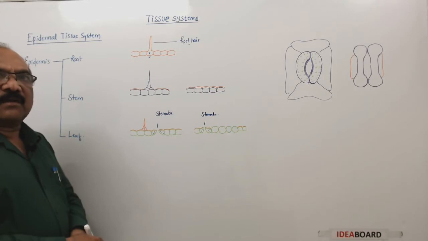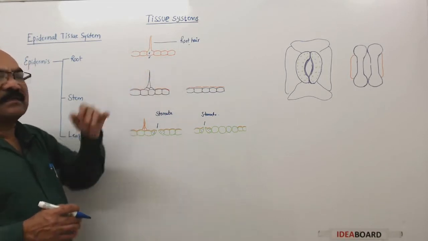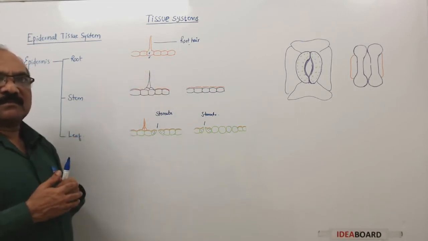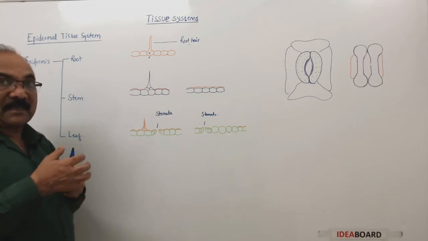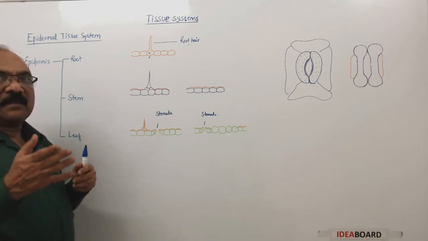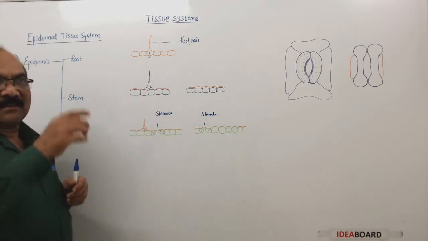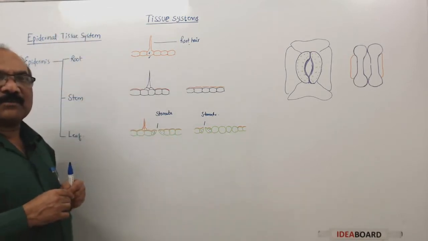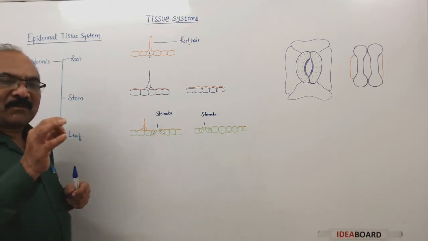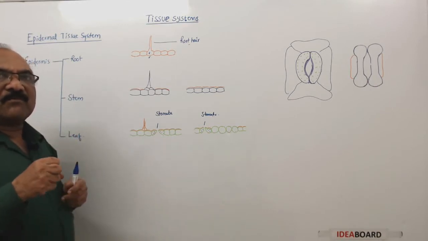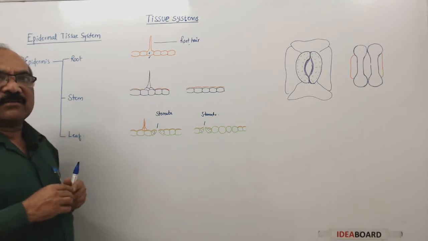Increase the area of absorption means what? The epidermis can absorb water and minerals, but to increase that area, because you remember that even though the roots may be very long, the entire length of the root will not absorb the water. Only at one particular region, the root will absorb water and minerals. That region is called what?